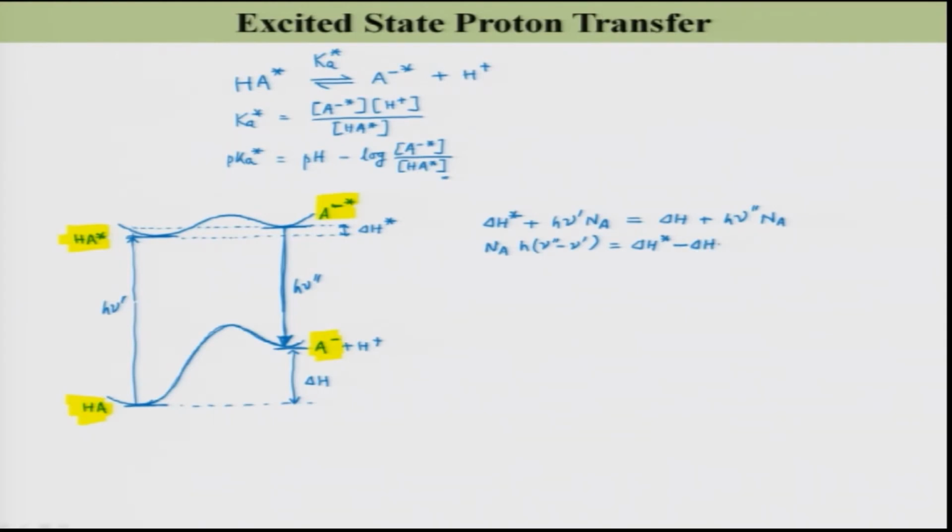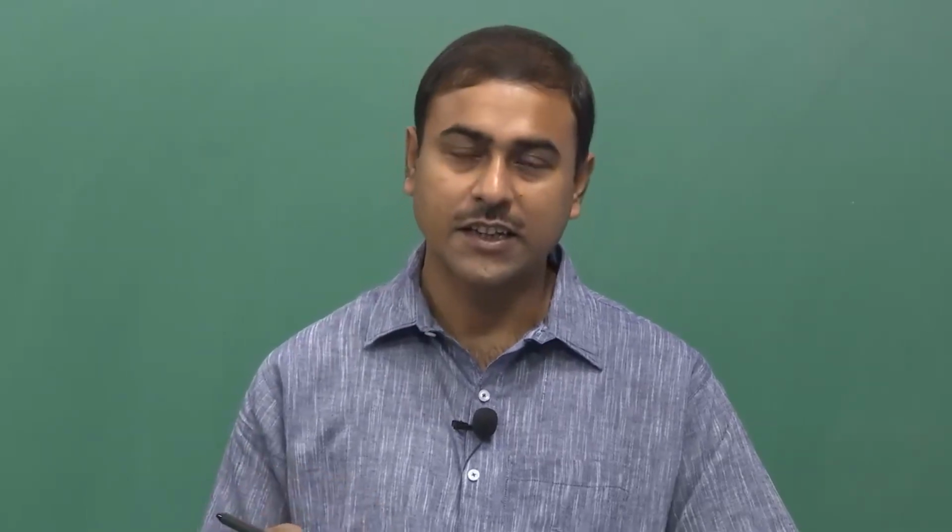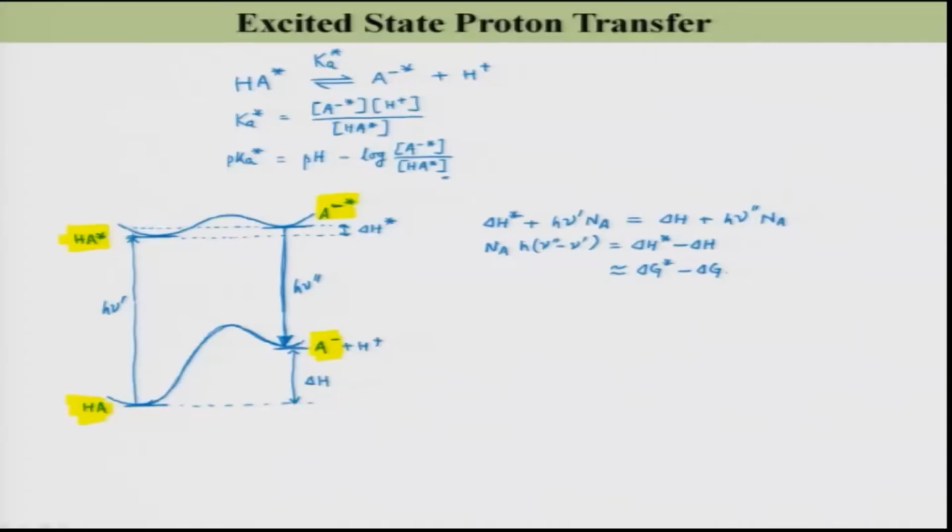Now, this delta H can be written as delta G if I consider the change in entropy in both the cases are same, right. So, this can be written as delta G star minus delta G, under the assumption that delta S star is equal to delta S for ionization, and this is a valid assumption, right.